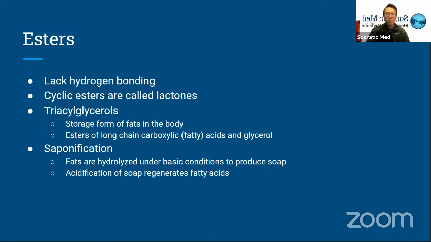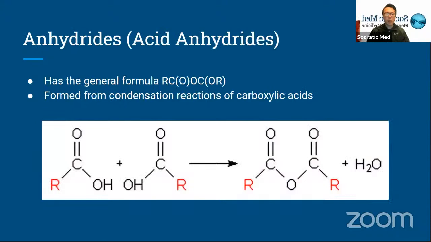So that's esters. Next are anhydrides, also commonly referred to as acid anhydrides. They are formed through condensation reactions of carboxylic acids. When you react the same carboxylic acid with itself, you form a symmetrical molecule where, if you cut the molecule down the middle at the oxygen between the two carbonyls, you get identical halves.